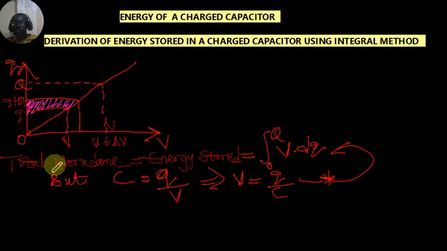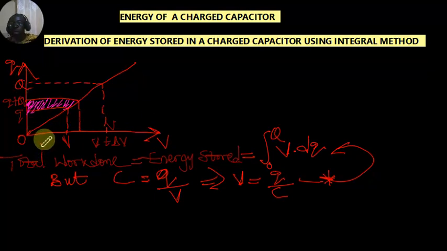When we want to do that, we look at the total integral from the lower limit to the upper limit, which is the total charge from 0 to Q of this charged capacitor.